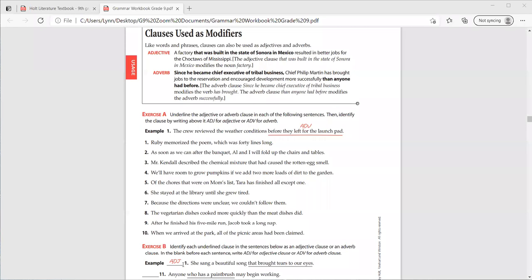Miss Lynn, I have a question. If a sentence says he played badly or bad, what's it modifying? He's playing. I don't understand if you use bad or badly.